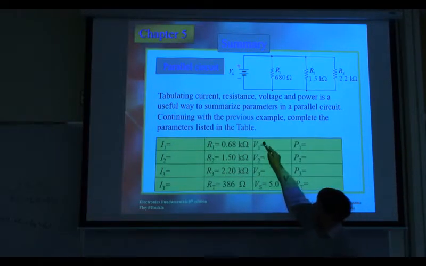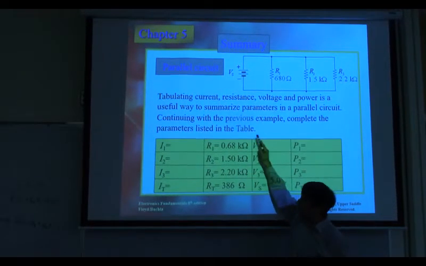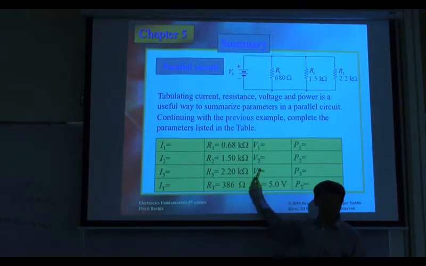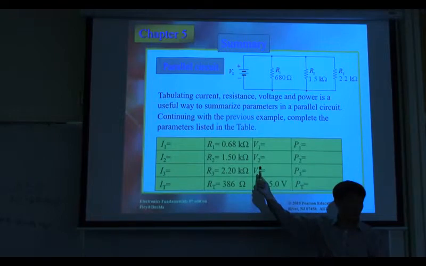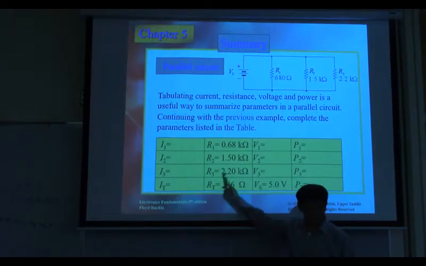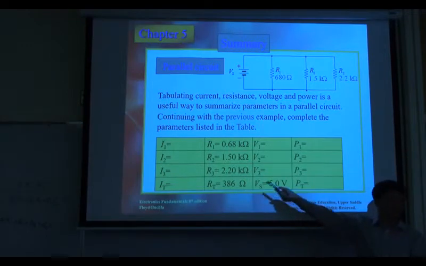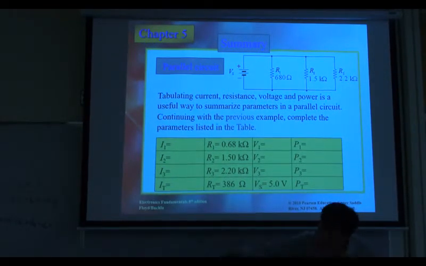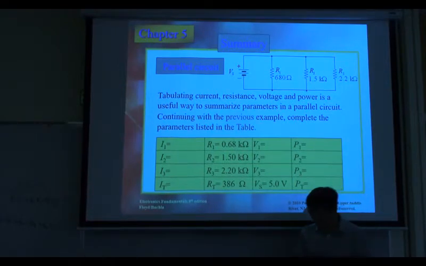So what is this squared over this, plus this squared over this, plus this squared over this? All this voltage is the same. And you can find that one equals this. They are the same thing. I can show you this.